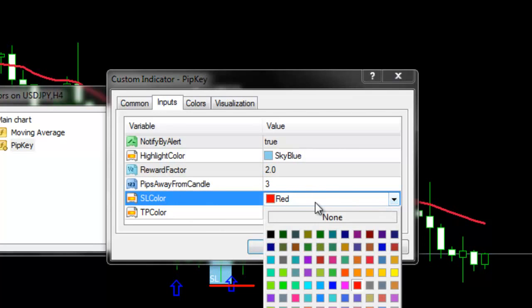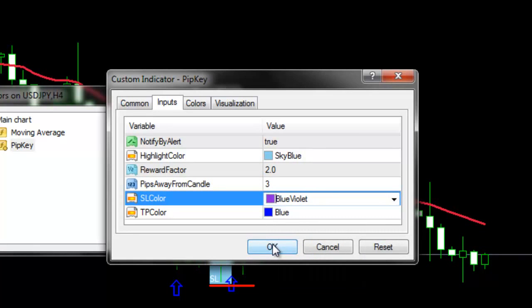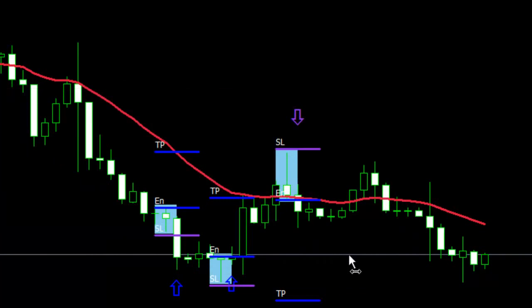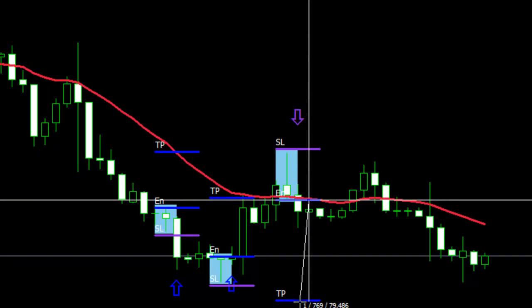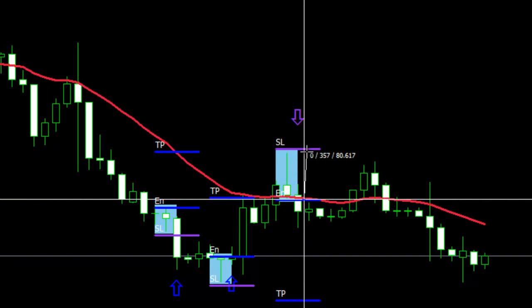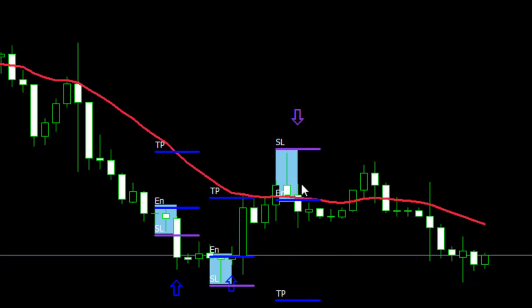So let's say for stop loss I want the color blue violet, and I click on OK. As you can see, the color of the stop loss and the sell arrow changed to violet. And also the take profit is twice as far as the stop loss from the entry price. So we have here a 1 to 2 risk reward ratio.